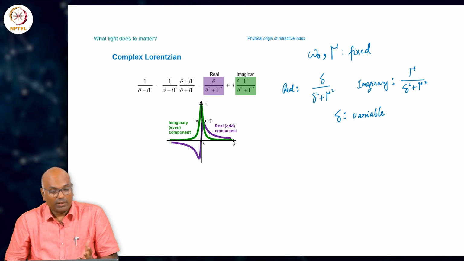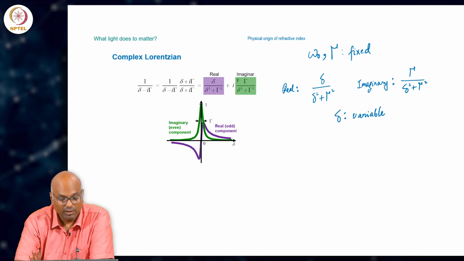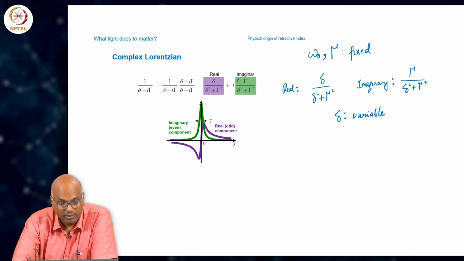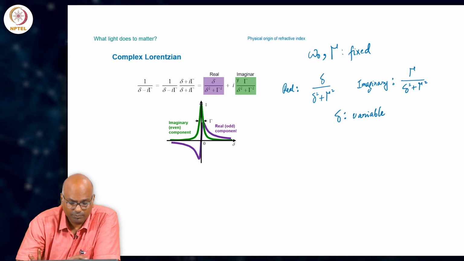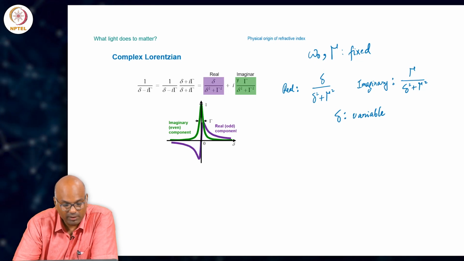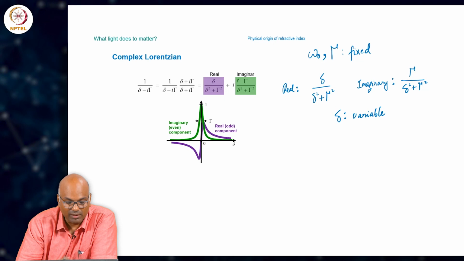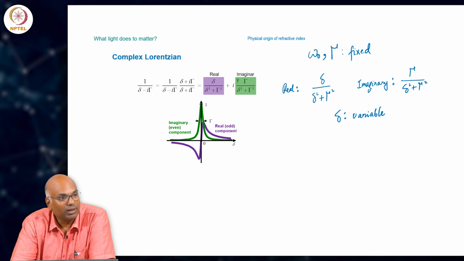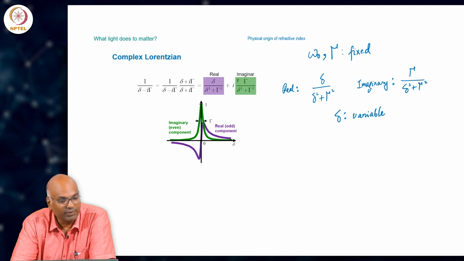We plot the real and imaginary parts as a function of delta, and this plot is now a nice quantity. The imaginary part you can clearly see is an even function, because only delta is variable and we just have a delta square.